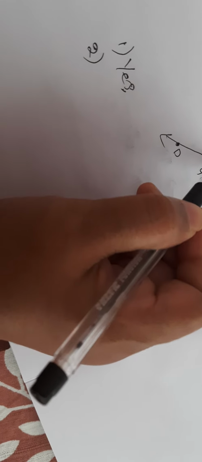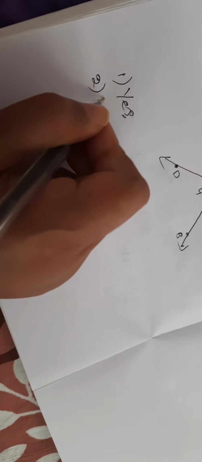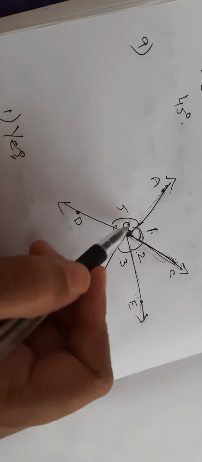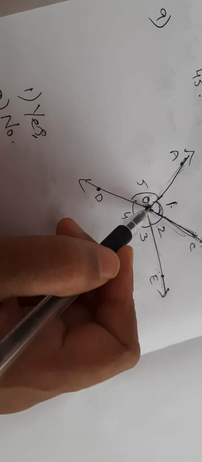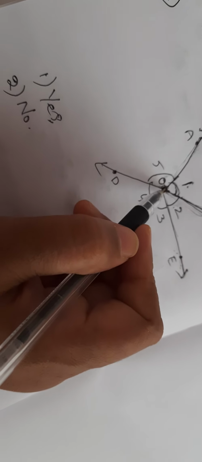AOC and AOE both have the same common vertex. So here the answer is no, because it is not adjacent. Adjacent means they should have a common vertex and a common arm, everything should be common. But here you see the same vertex is there, but this line is different. So the answer is no.